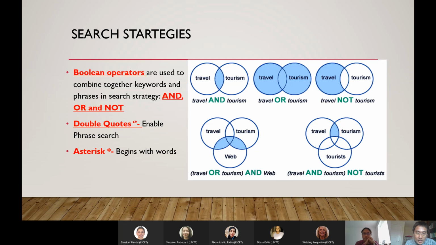So let us look at travel or tourism. Travel and tourism means it needs to include everything, but not the overlap. AND means common. OR means it includes everything from travel and tourism, and AND means the common part between this and this. NOT means exclude.